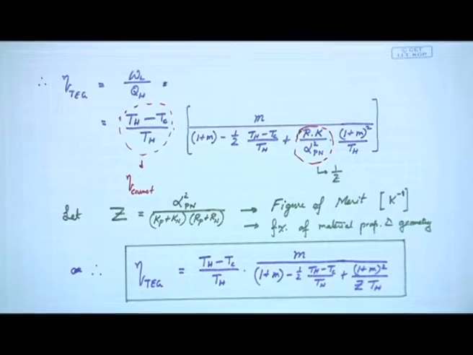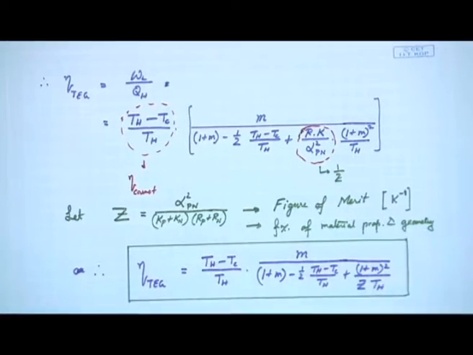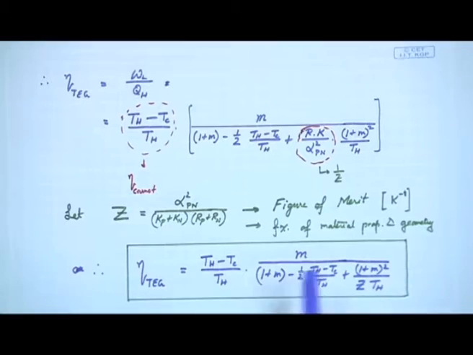It was a function of the properties, which is aptly captured by this figure of merit Z, which is the Seebeck coefficient divided by the product of electrical resistances and thermal conductances of the two elements, P and N. It also depends on this parameter M, which if we recall is the resistance ratio. It is the ratio of the external load divided by the resistances of the P and N junctions.